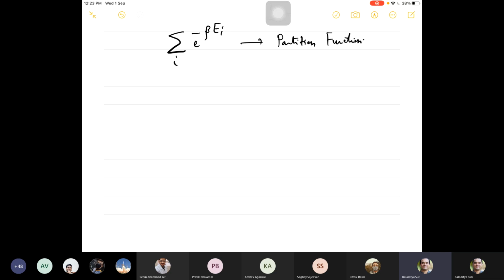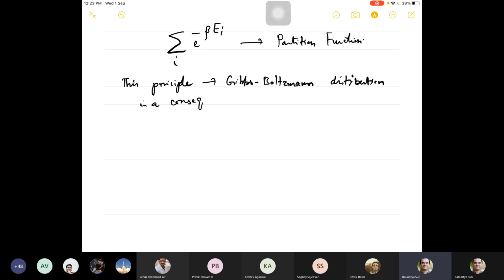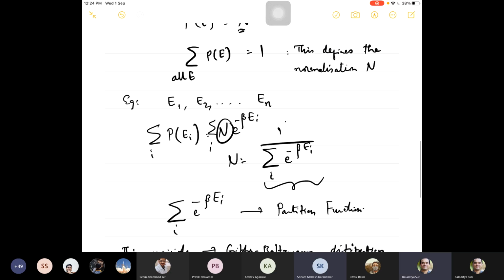Now I said that this principle, called the Gibbs-Boltzmann distribution, is a consequence of the second law of thermodynamics. Excuse me, sir, which is the Gibbs-Boltzmann distribution, the probability distribution or the normalization function?